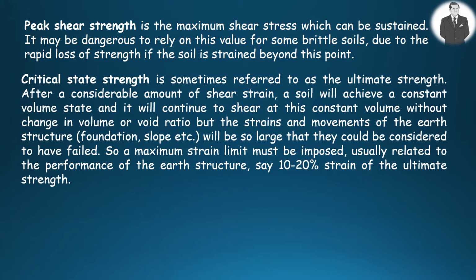Therefore, a maximum strain limit must be adopted, usually related to the performance of the earth structure. Let's say 10 or 20% of strain of the ultimate strength may suffice.